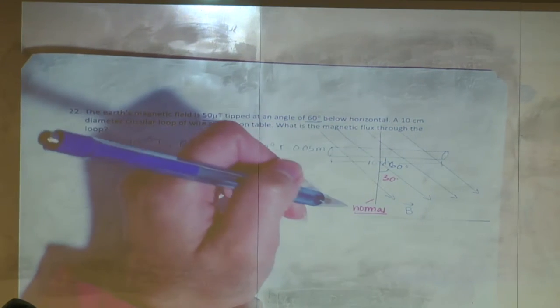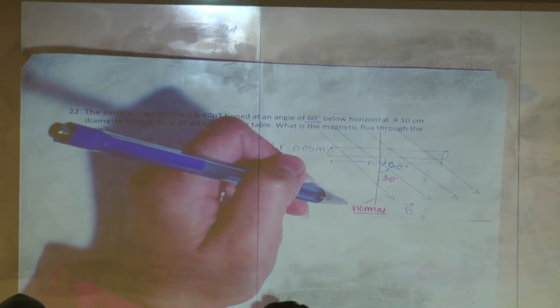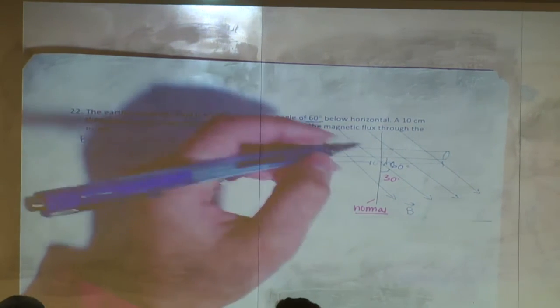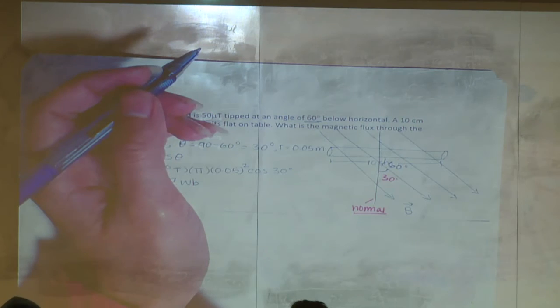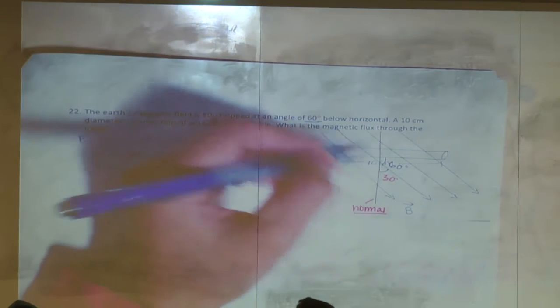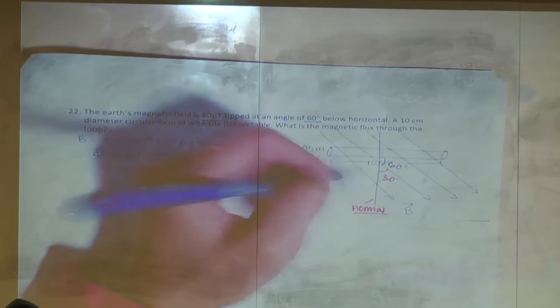But we don't need that. We need to look at the angle between the magnetic field and the normal line, which is 30, right?